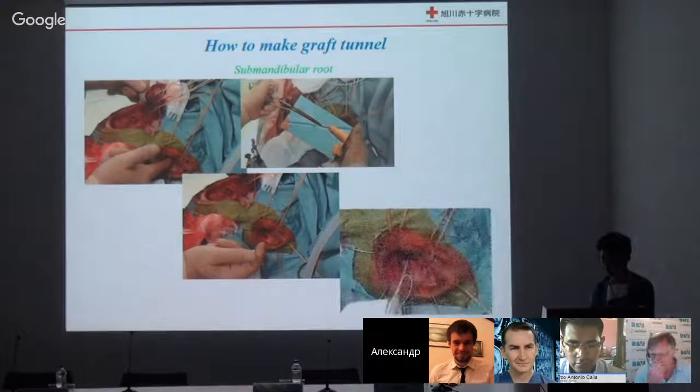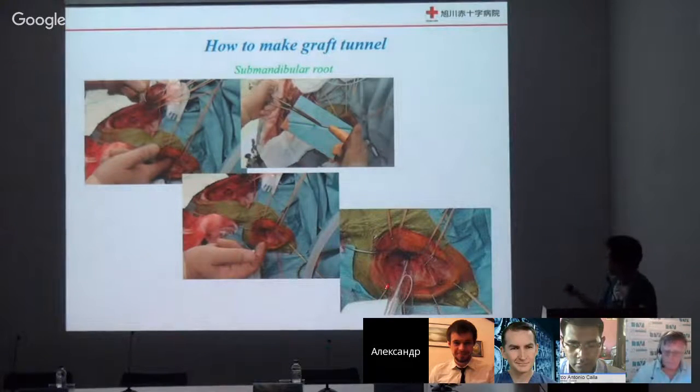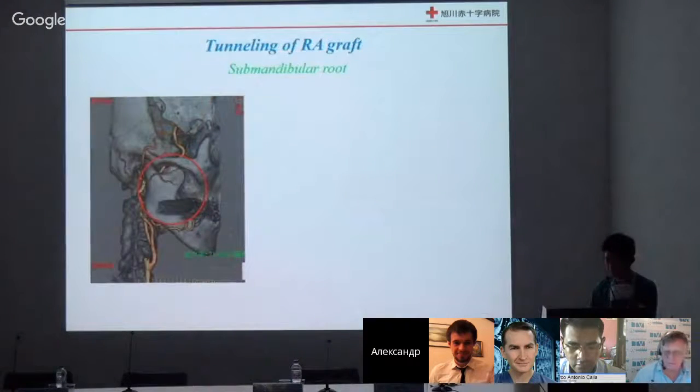Then catch a 24 French chest tube and pull it to the cranial side. So we can create a graft tunnel easily.